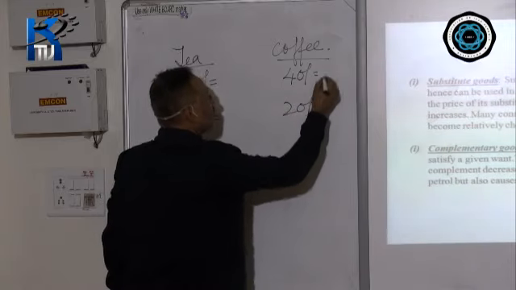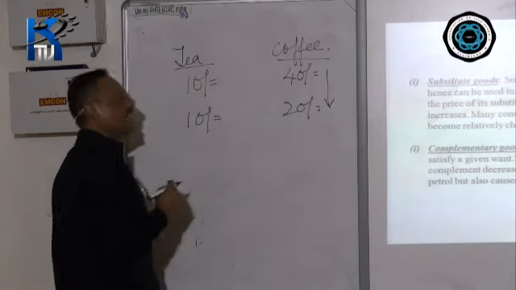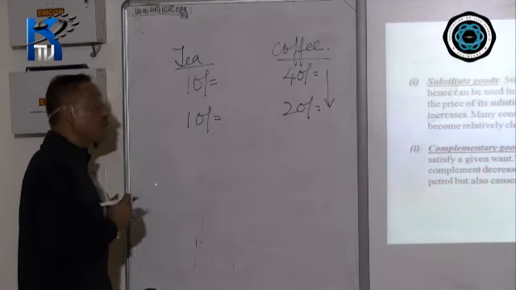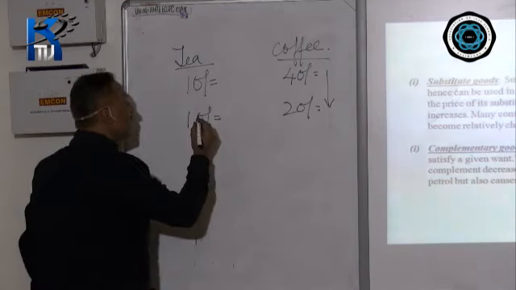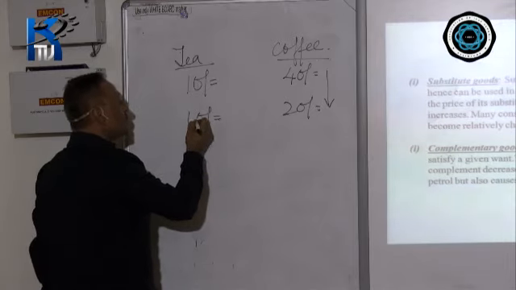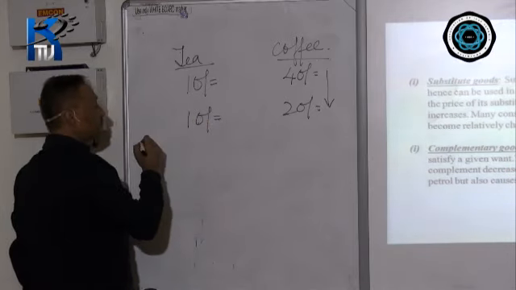So finally, when the price of the substitute good decreases, coffee becomes relatively cheaper. Now when you say relatively cheaper, what does it mean? It means that compared to before 40 rupees, now it is 20 rupees. So it is relatively cheaper to tea. It doesn't mean that it's cheaper than tea.